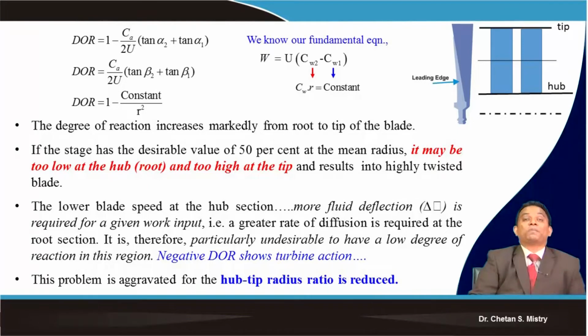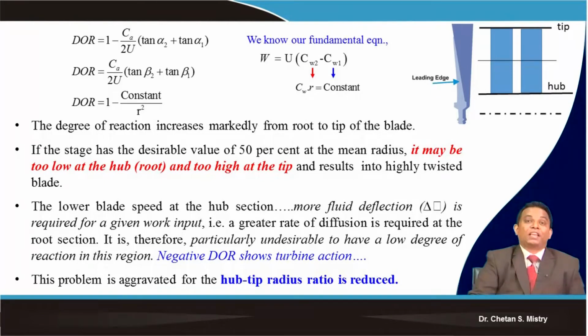Now if the degree of reaction is coming to be negative, that means in place of diffusion happening, there will be acceleration of flow. So that particular region, rather than acting like a diffuser, will act like a nozzle, and that will lead to losses. That region will not give me pressure rise, so that comes in the form of loss.